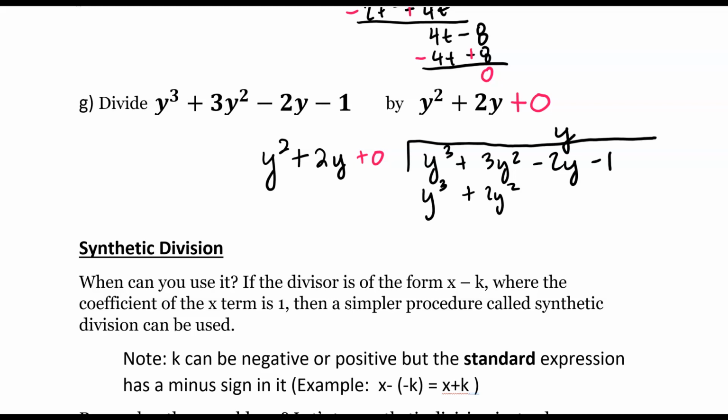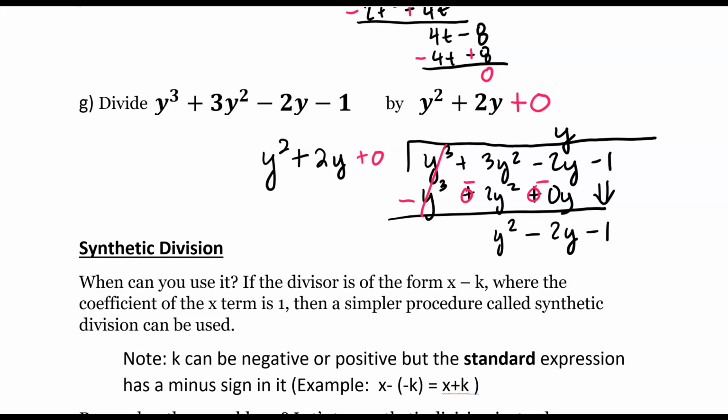And obviously 0 times y is 0, but we're going to write 0y. All right, and then we're going to change our signs. Y cubed minus y cubed cancels, but we have a y squared remaining and a negative 2y. And we're going to bring down one term and start over.